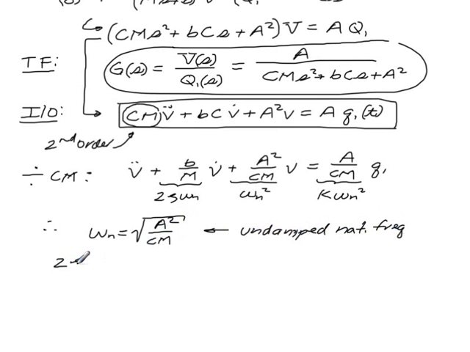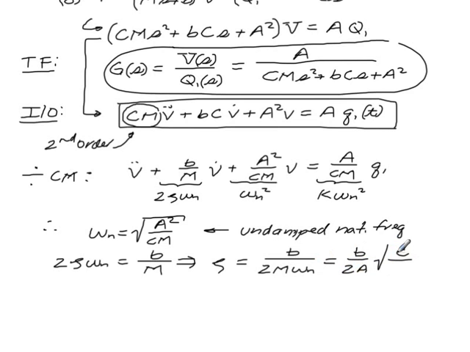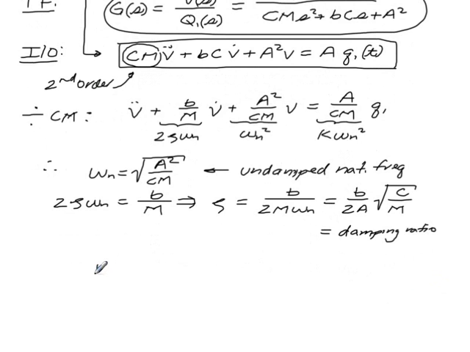Our damping term 2 zeta omega n, looking just at what we have above, is the damping coefficient divided by M. So from this we see that the damping ratio becomes B over 2 M omega n, and that ends up being B over 2A multiplied by the square root of the accumulator constant C divided by M. And lastly, we can say that the K omega n squared, the coefficient on the right hand side, is equal to A over CM.